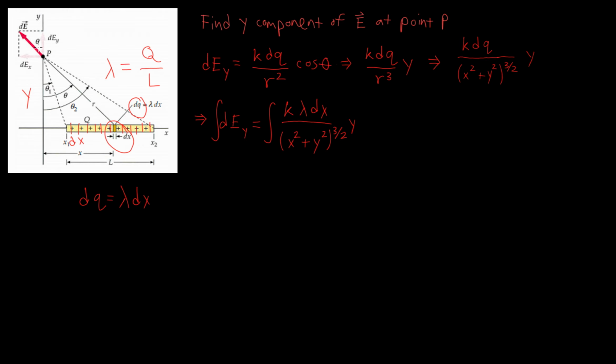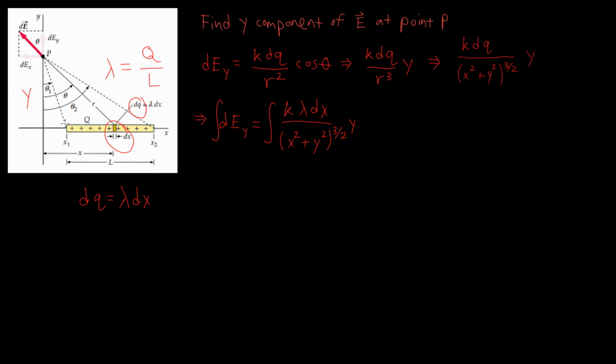We could find the individual electric field component due to these small charges at point P, and then add all of those up, and that would give us the electric field at point P, which is the same as integrating both sides from x1 all the way to x2.